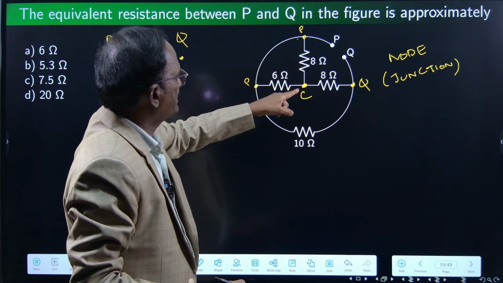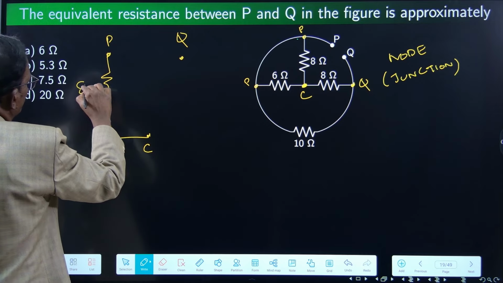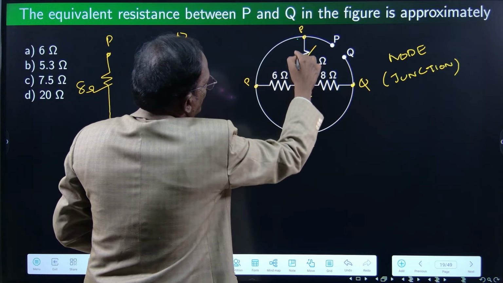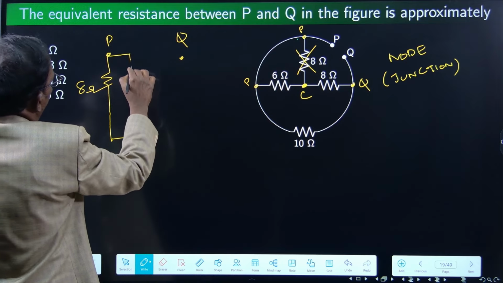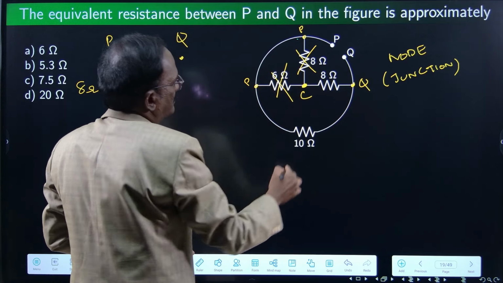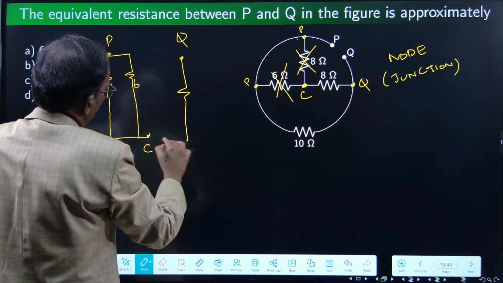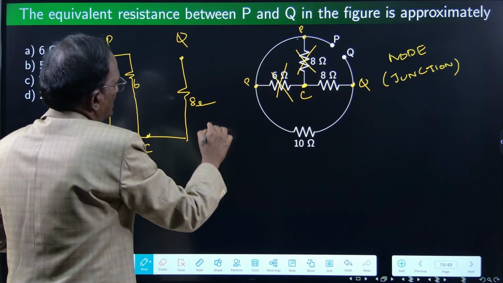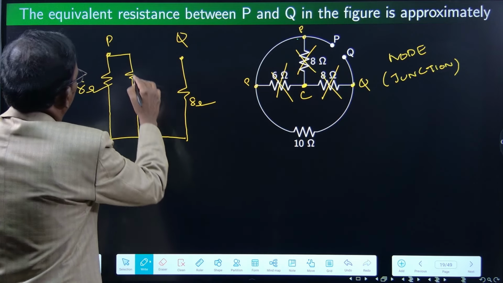Between P and C 8 ohms. This is over. Between P and C 6 ohms. This is over. Between Q and C 8 ohms. This is over. Between P and Q 10 ohms.